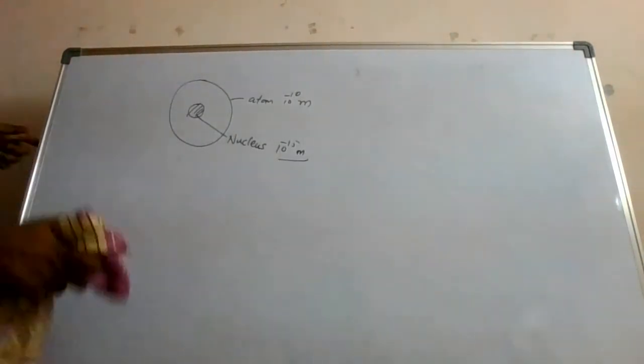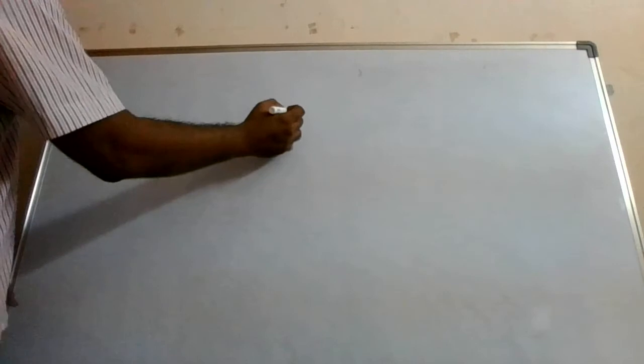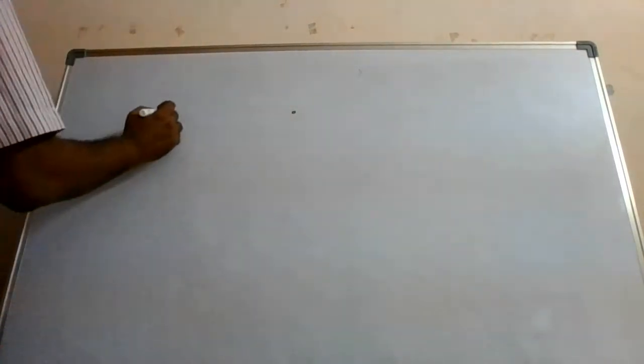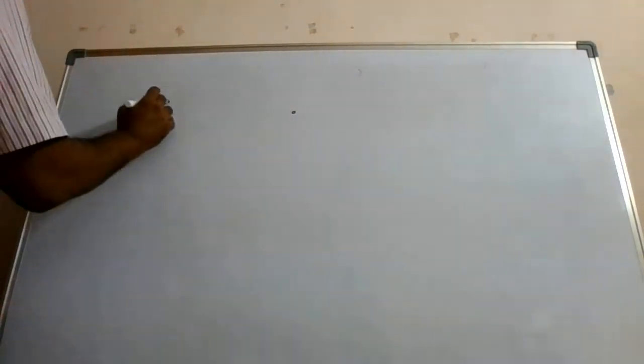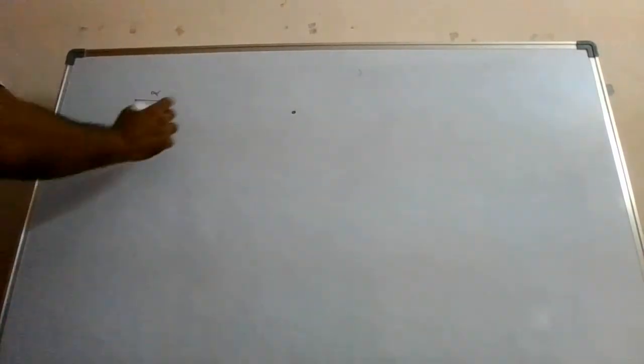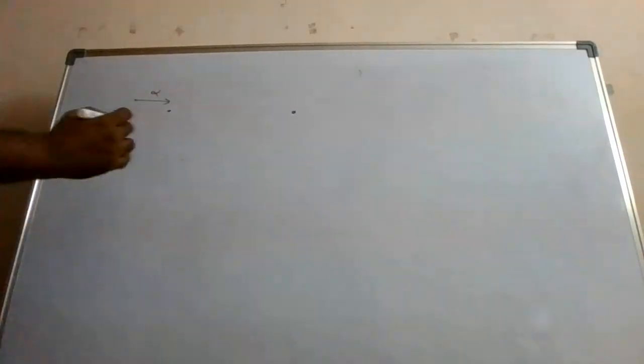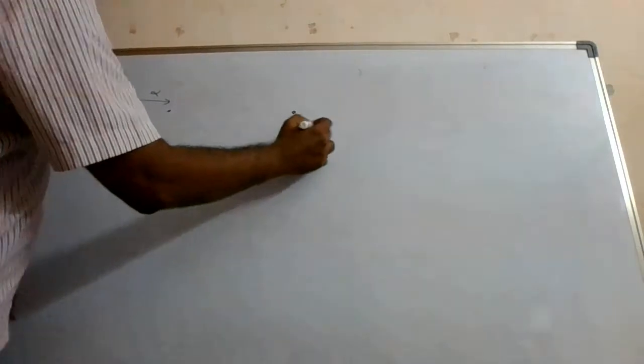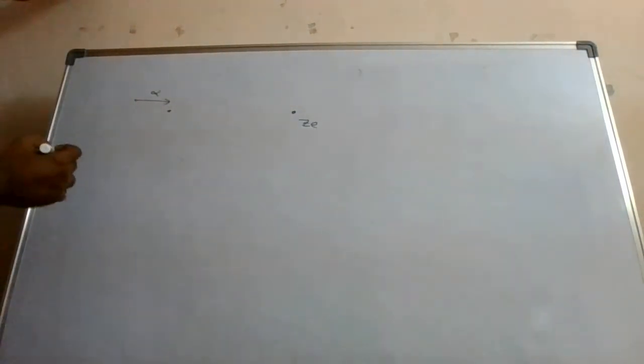Now in previous discussions we talked about the calculation of the distance of closest approach. Suppose this is a nucleus and there is an alpha particle here. It is bombarded towards the nucleus. Its charge will be z times e.